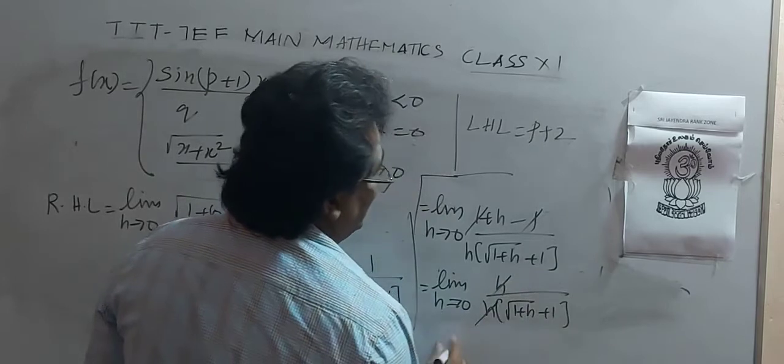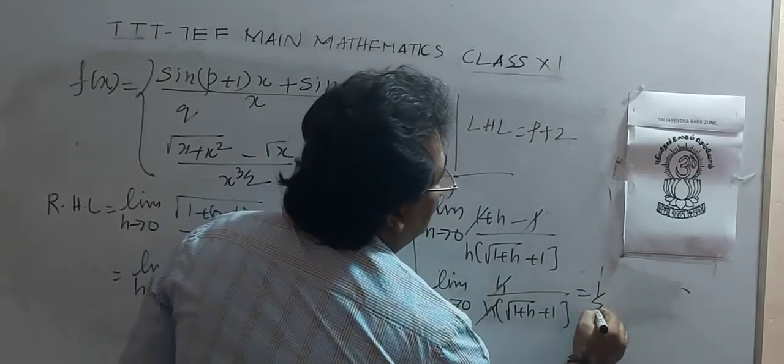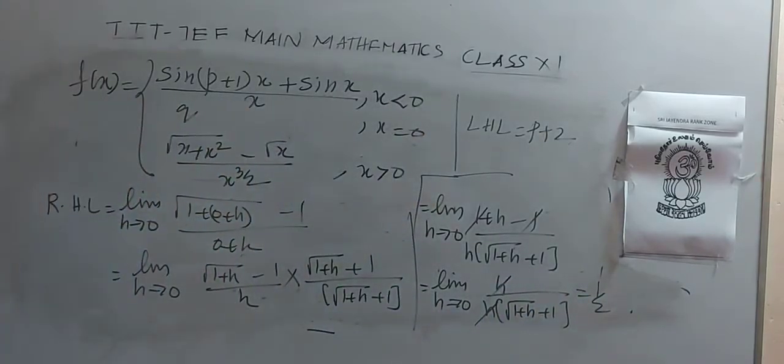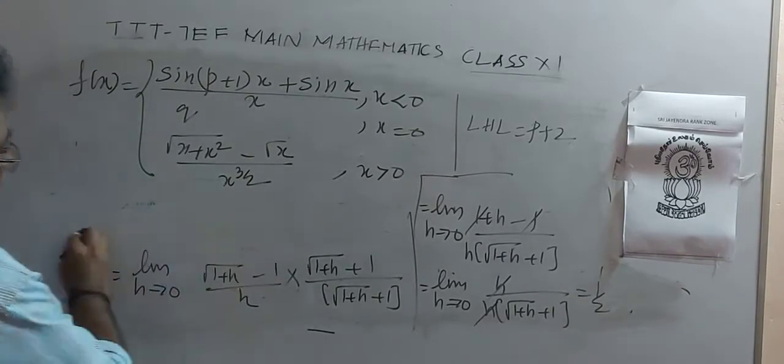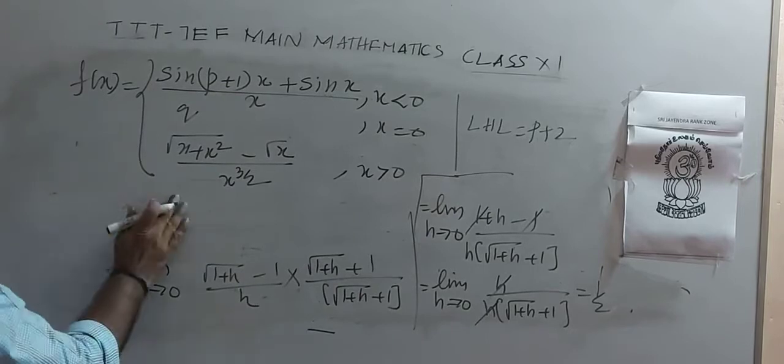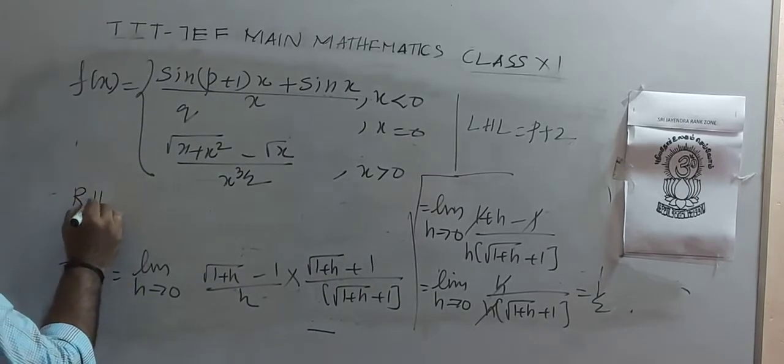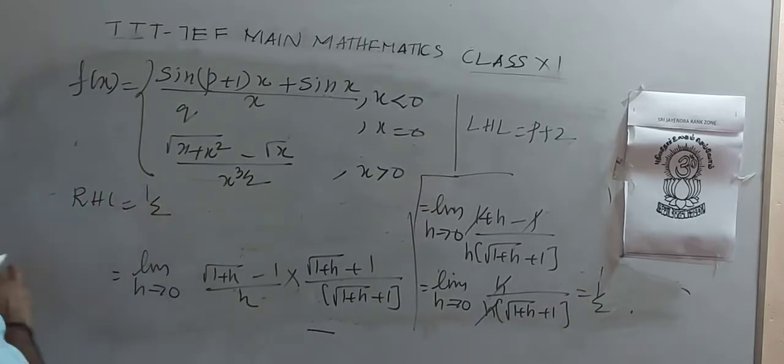This will be cancelled. That is 1 by 2. So RHL is also equal to 1 by 2.